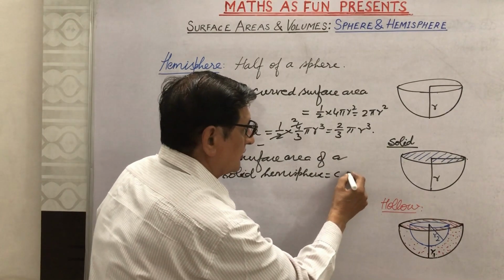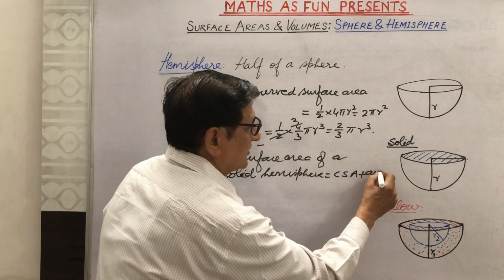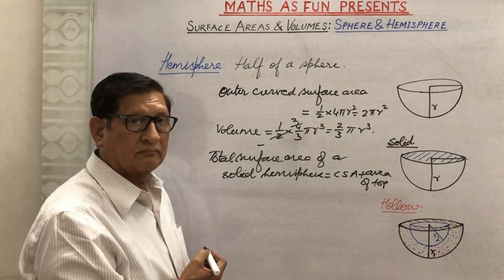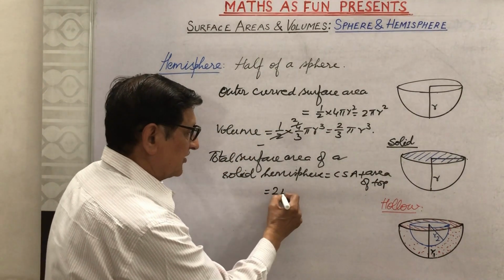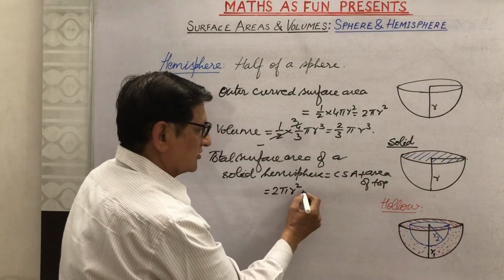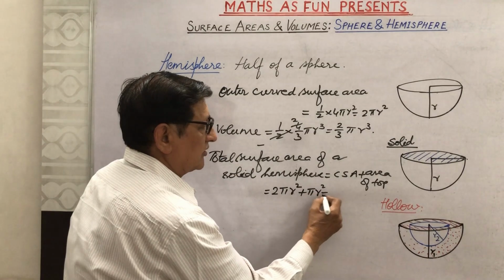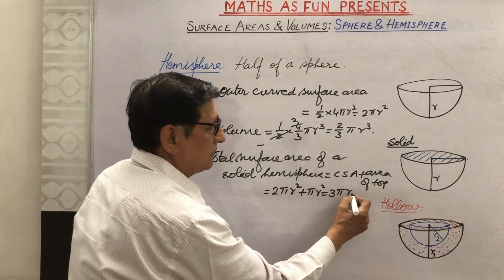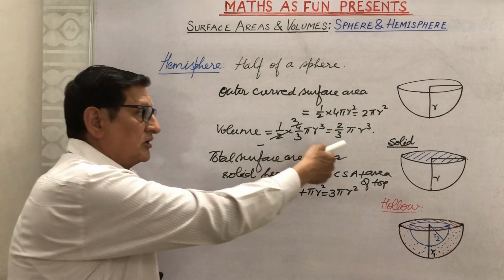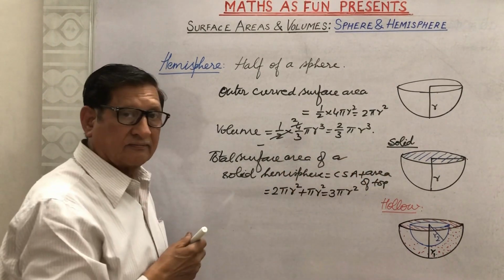Will it be curved surface area plus area of top? That is, curved surface area is 2 pi r square and top is a circle. So this will be pi r square. It means this becomes 3 pi r square. That is the total surface area of this.